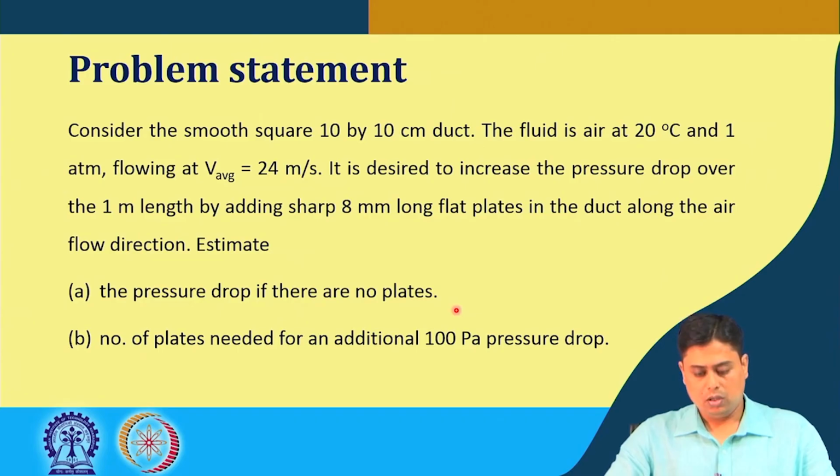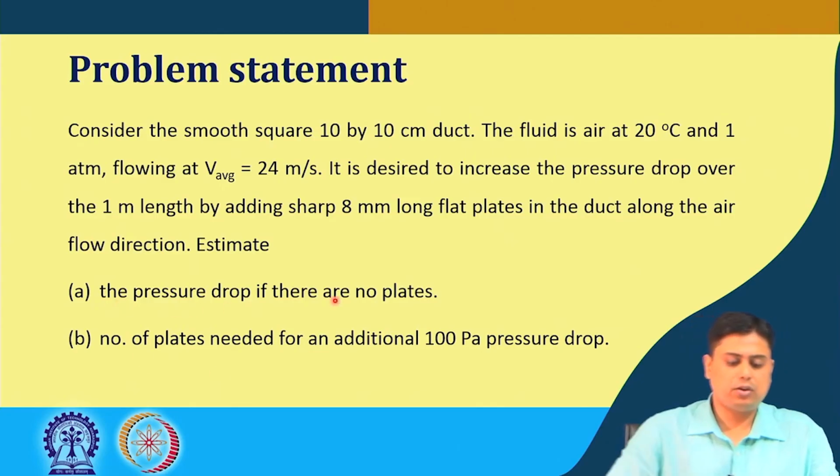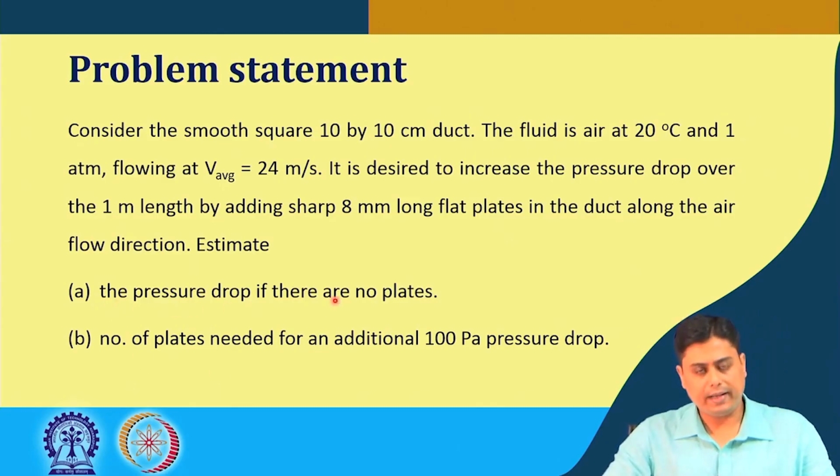Okay. So, the point is that here we look at the pressure drop when there is no plate, that means there is a flow in a duct, and the number of plates to increase the overall pressure drop by 100 Pascal.